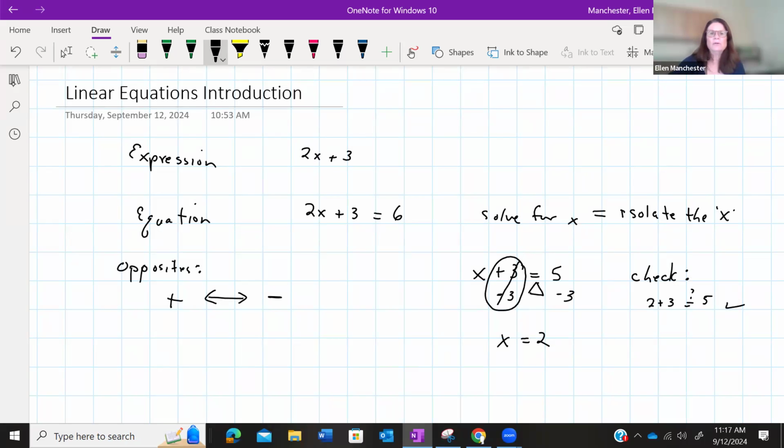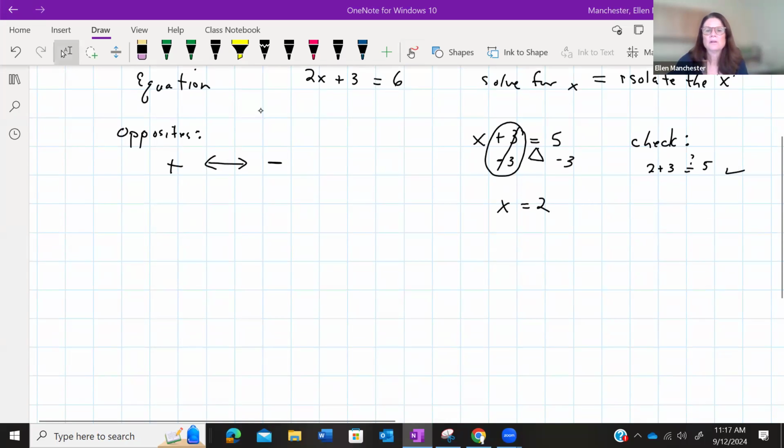Now, if you start with, I didn't see these chats here. Oh, very good, Caleb. So if you start with subtraction, then again, we want to isolate that x.